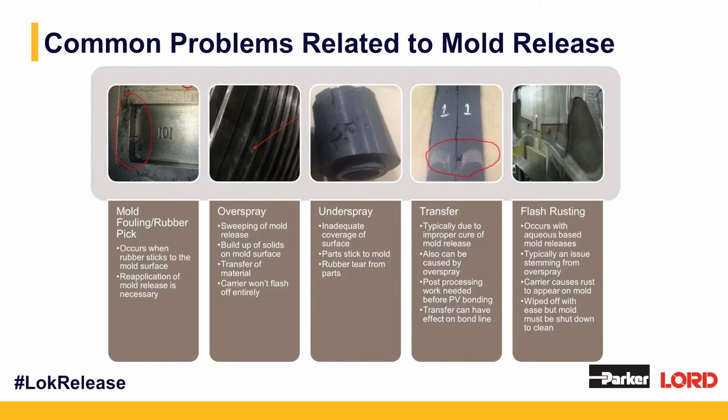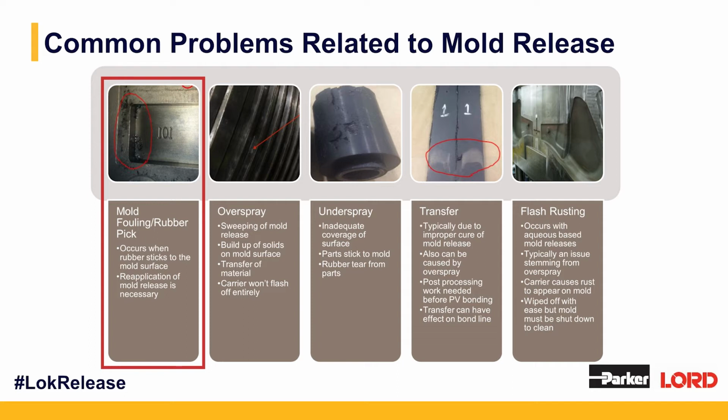Common problems related to mold release and improper application procedures or techniques are mold fouling, overspray, underspray, transfer to the part, and flash rust of the mold. We'll start with mold fouling. Mold fouling is when the rubber adheres to the mold surface, causing tears in the part and potentially affecting the quality of the part.